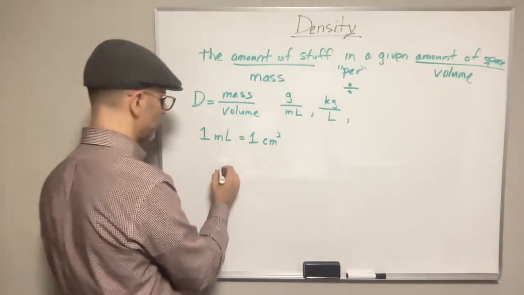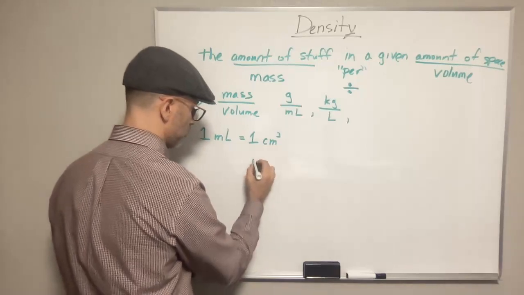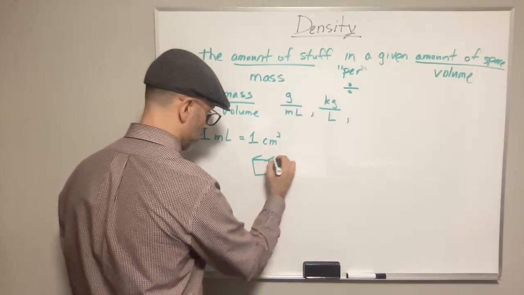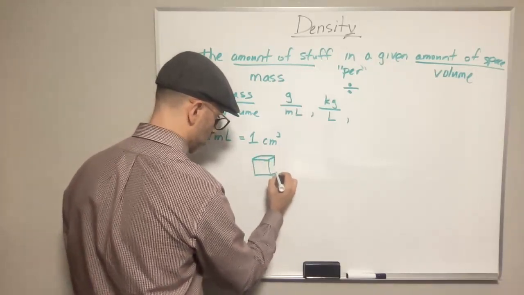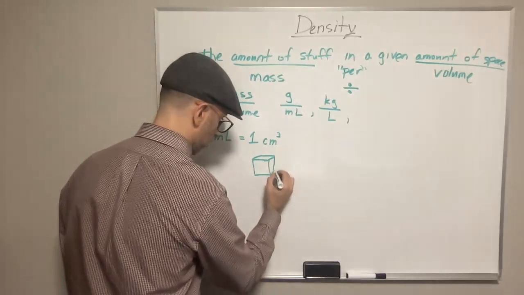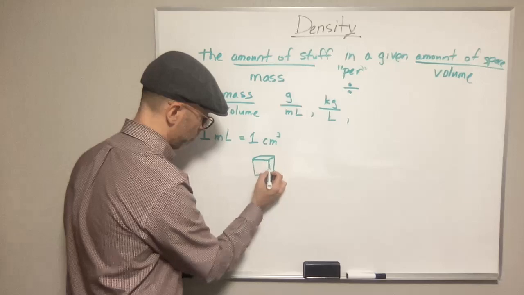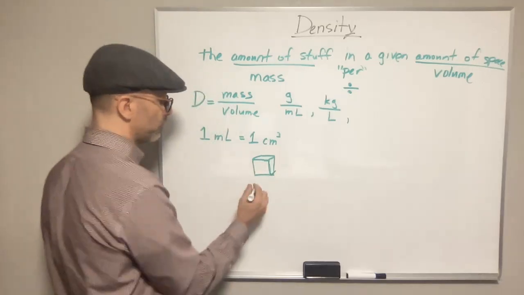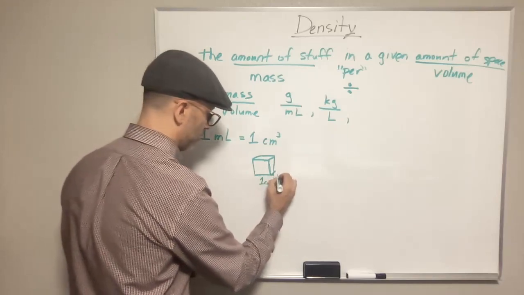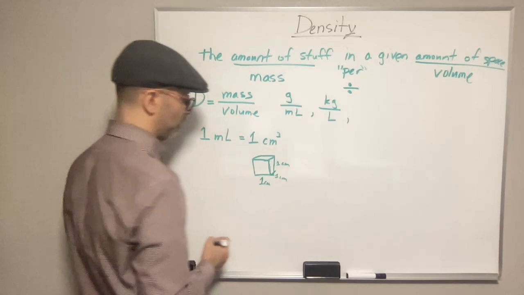And what do we mean by centimeter cubed? Is if you have a cube, right? Here's my cube. Oops, that's not looking good. So there's my attempt at a cube. So this would be a cube, and let's pretend that this is 1 centimeter, and this is 1 centimeter, and this is 1 centimeter.